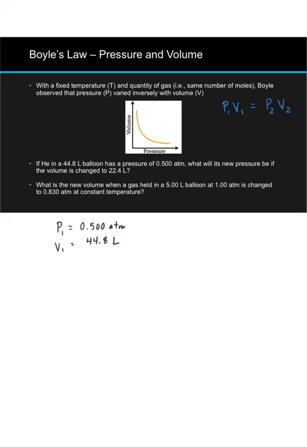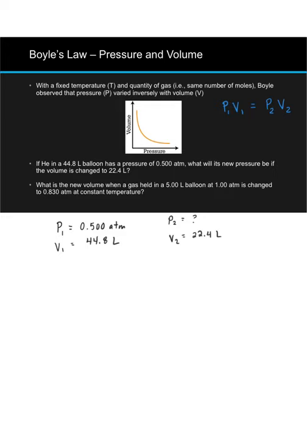We know further in this problem that our volume has changed. We know a new volume, or a volume at a second set of conditions, V2. What we'd like to know something about is a new pressure, P2.